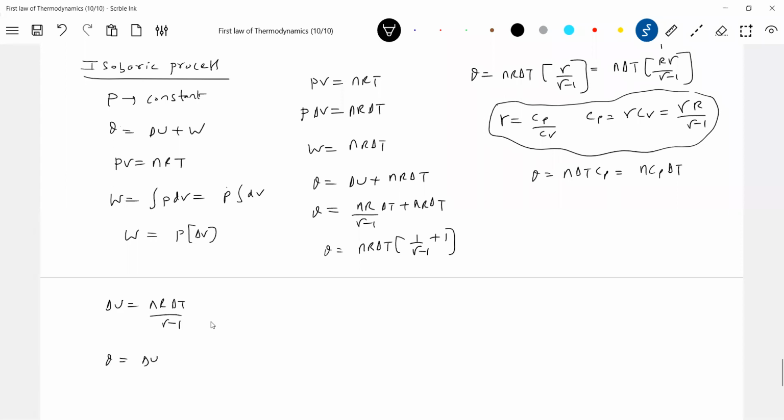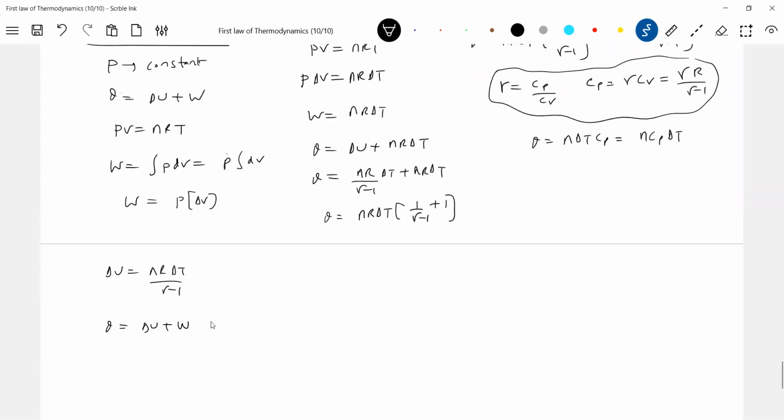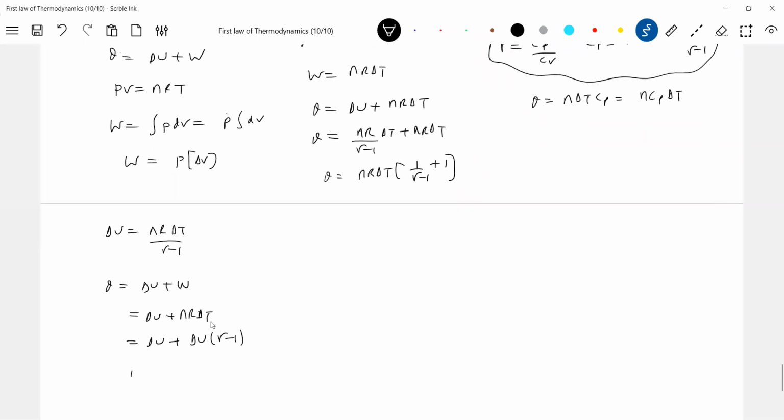As we know, Q equal to delta U plus W. nR delta T, I can write it as delta U into gamma minus 1. Very important numericals, plenty of numericals. Every time you need to derive. In isobaric process, how Q and delta U are related. Q equal to gamma delta U.